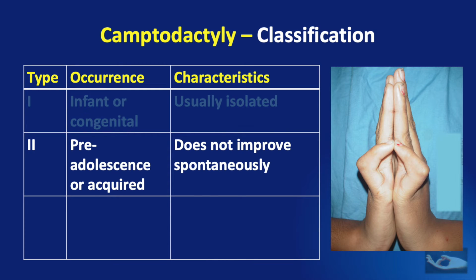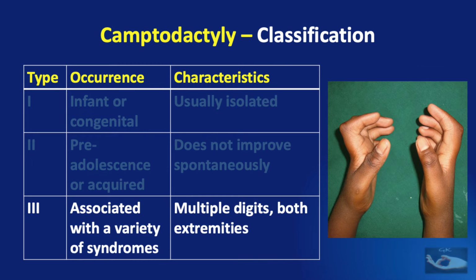The adolescent, mostly female, with sudden onset or increasing camptodactyly of mostly only the fifth finger following growth spurt, that is the prepubertal age, comes under group 2, and this does not improve and progresses to severe deformity. Type 3 refers to severe camptodactyly associated with other malformations.